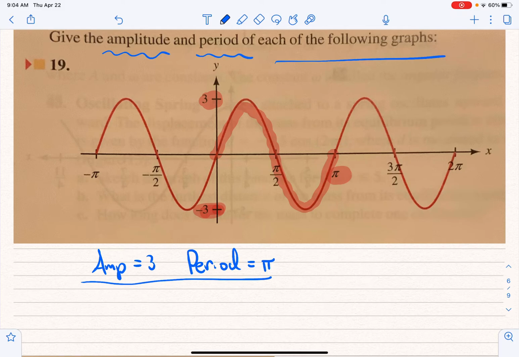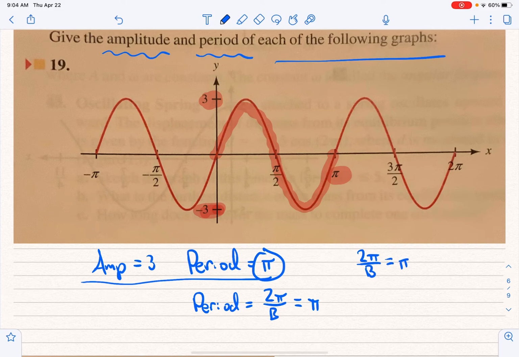You got to remember, the period is always equal to 2 pi over the b value. So you could set that equal to pi, knowing that 2 pi over b results in just pi. And so then you can solve for b. 2 pi over b is equal to pi. We can get b by itself by multiplying both sides by b.